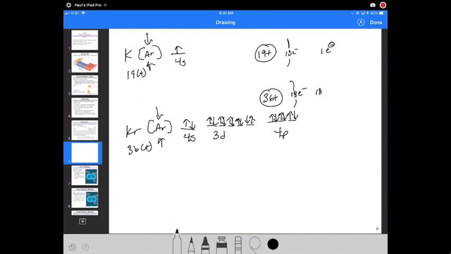But check this out. Positive charge is going out, and I get a little tiny positive charge on the outside, because 19 being blocked by 18 blocks almost all of the positive charge. Very little positive charge actually is seen by this electron, so it tends to be able to get away.